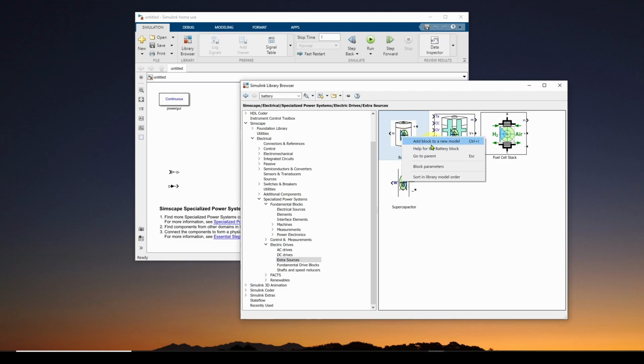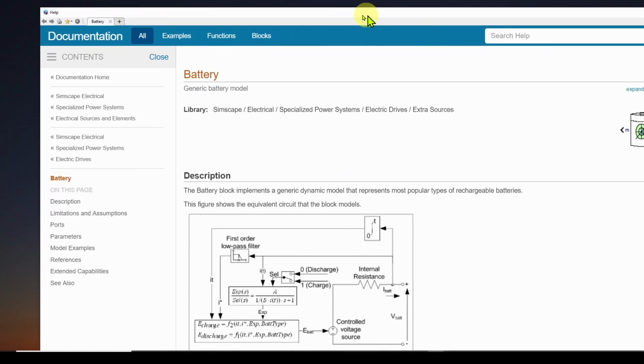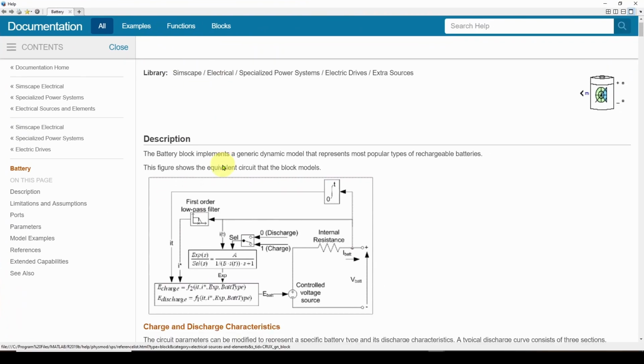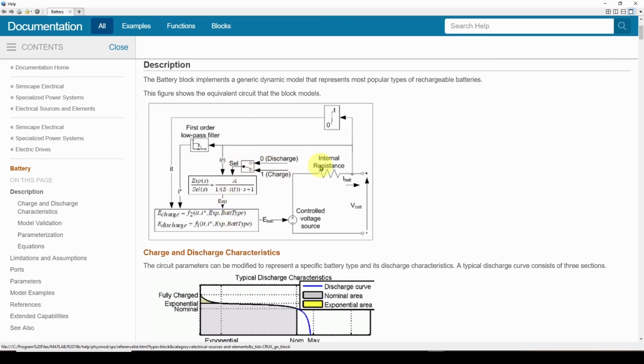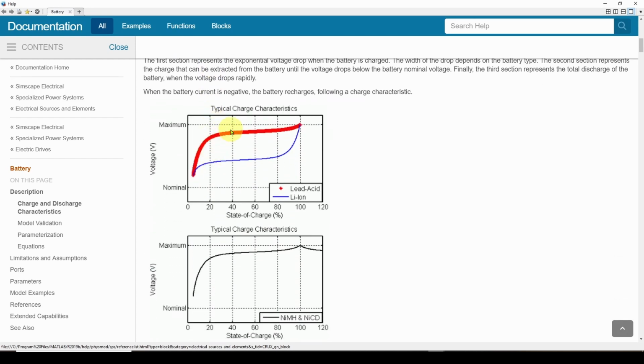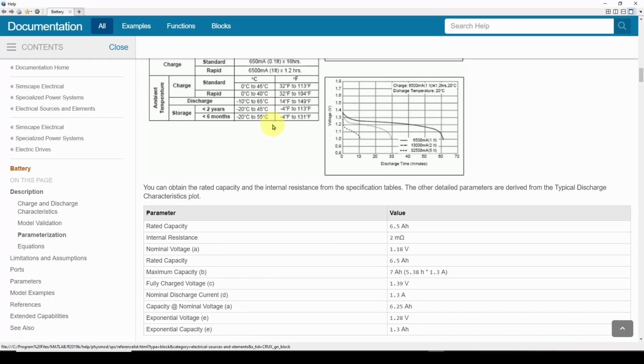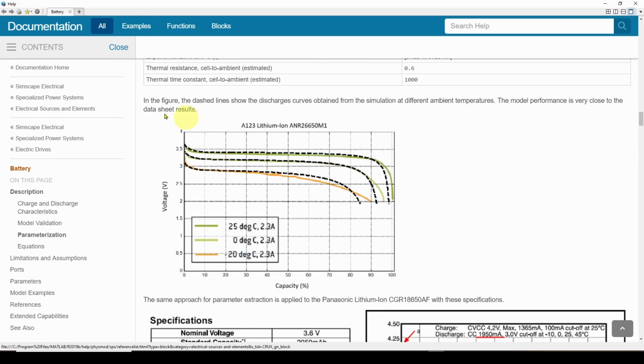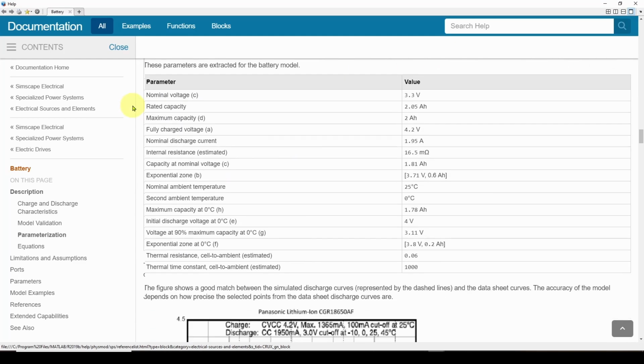If you right click and go to help for the battery block, you will get a generic battery model, and it explains a nice block diagram of what's included. It's a control voltage source with an internal resistance we showed before, and it's got the equations here to simulate. And you can also generate a discharge curve, charge and discharge characteristics for different types. So it's got a whole lot of functionality in here if you're interested in doing simulations in Matlab and Simulink.